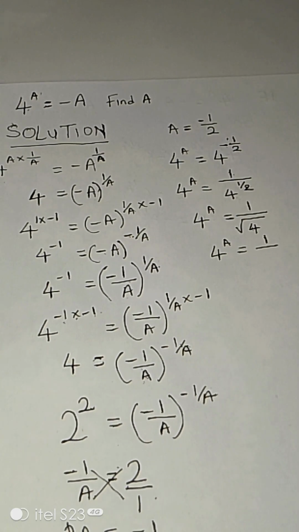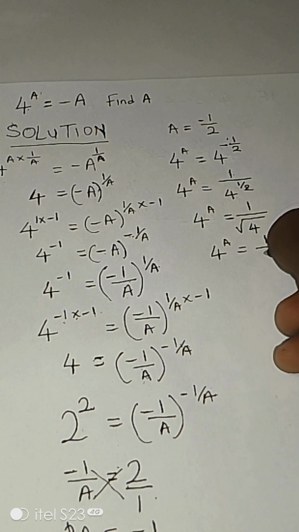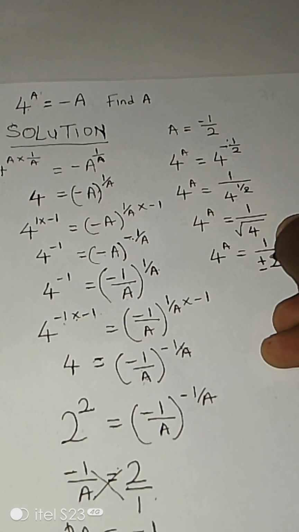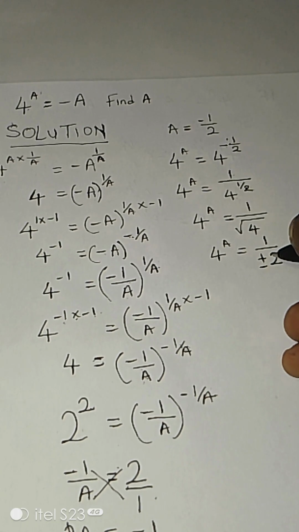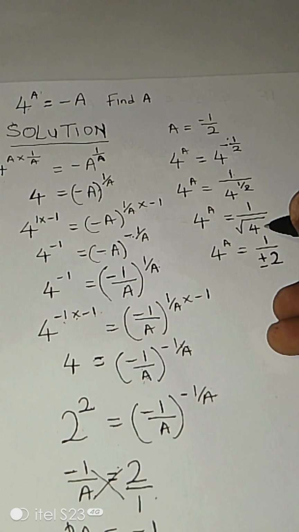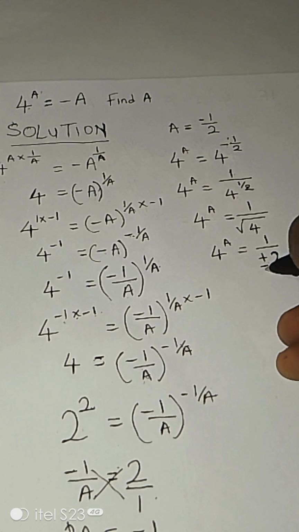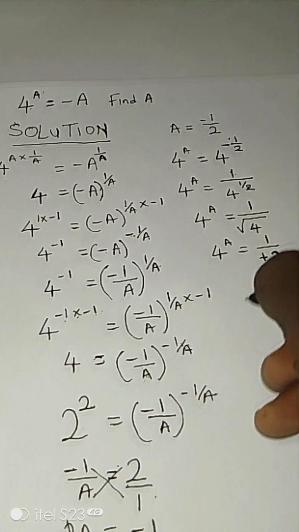What is the square root of 4 now? So square root of 4 will be plus or minus 2, because plus 2 times plus 2 will give you 4, and minus 2 times minus 2 will give you 4. So that's the answer.